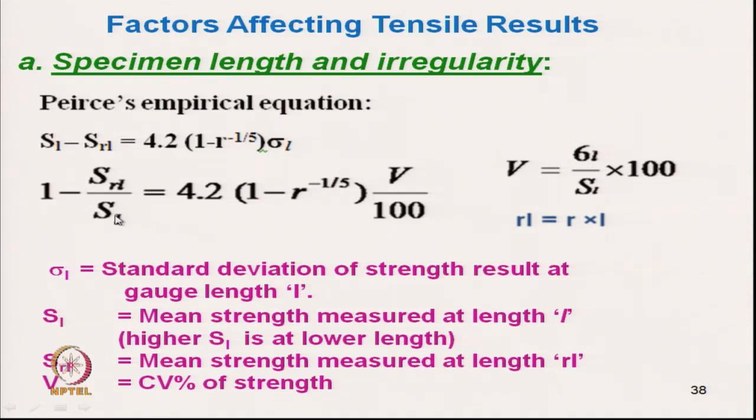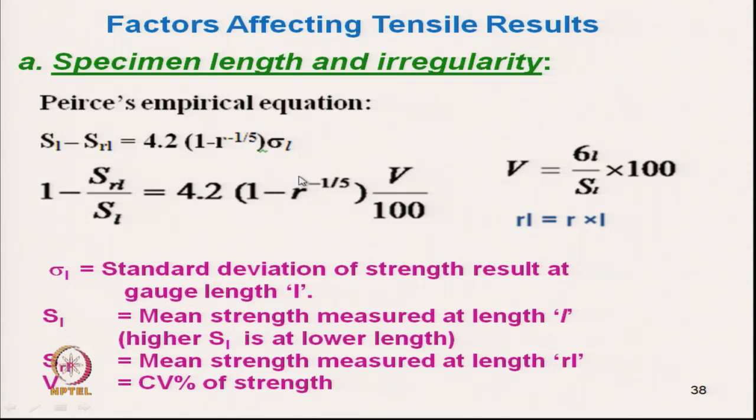So, SL minus SRL equals 4.1 multiplied by 1 minus R to the power minus 1/5, multiplied by the standard deviation of breaking strength, sigma L.